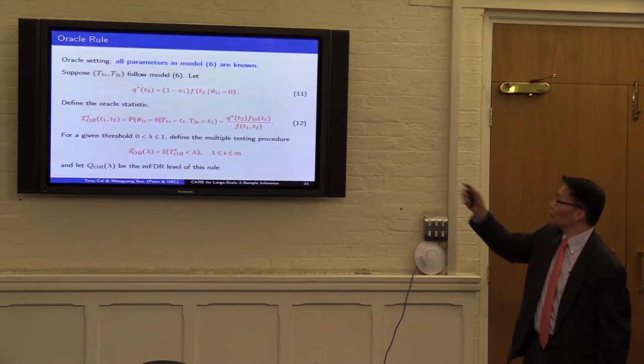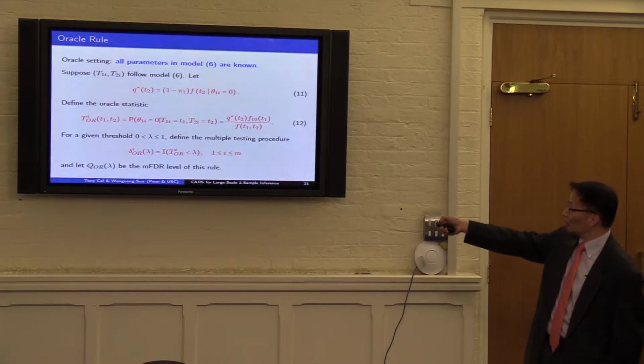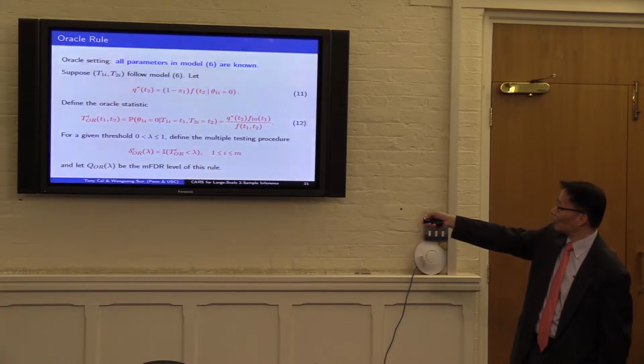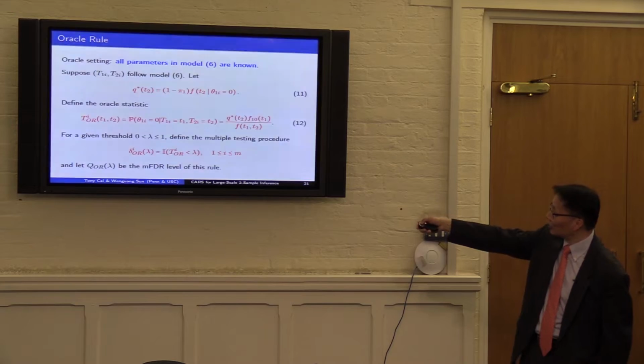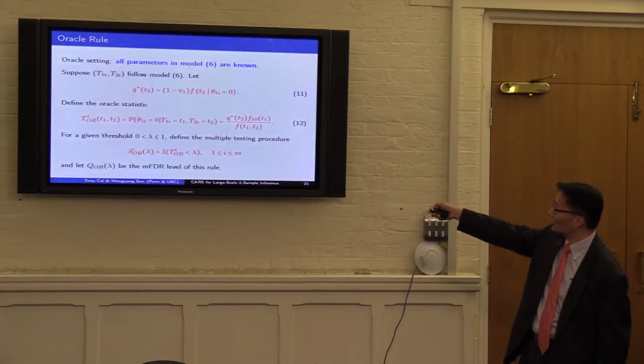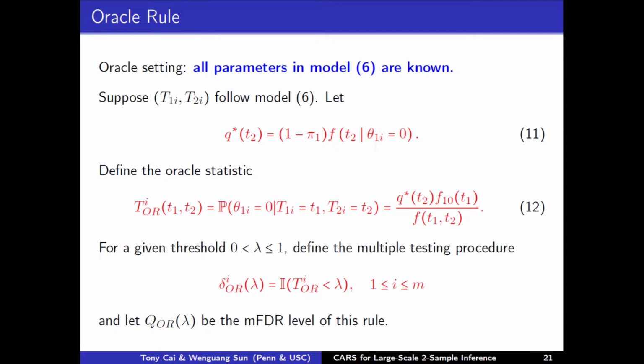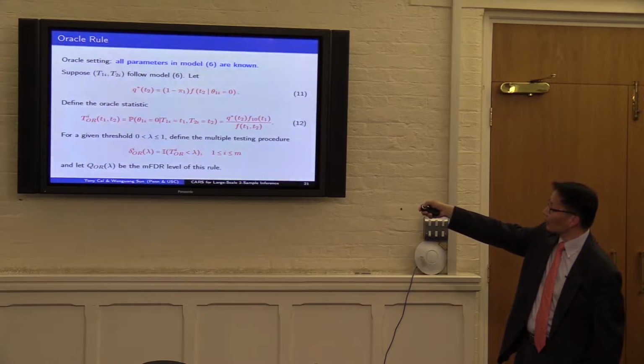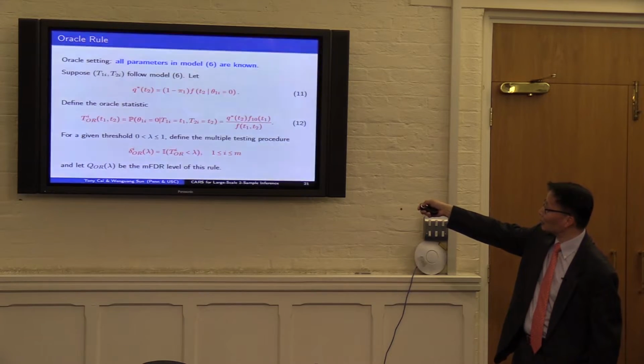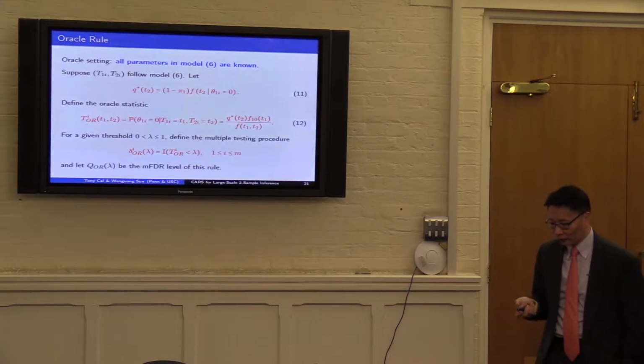So the oracle procedure turns out to be given by this. We need to introduce this test statistic. It's the oracle statistic. It depends on all those quantities. Here I want to point you to this Q star. Q star is the conditional probability of theta 1 being 0 given the density of T2.